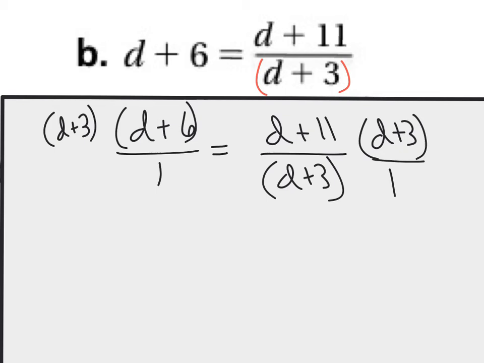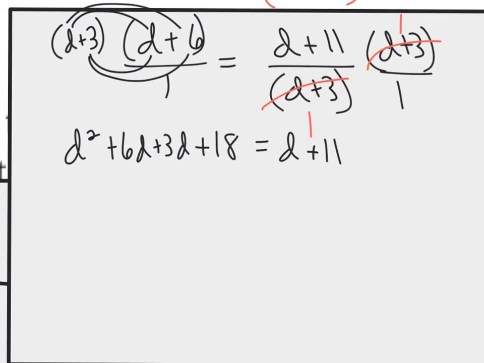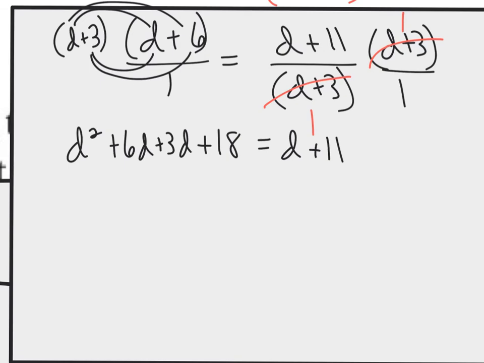On the left side, we are going to have to distribute that. If you'll notice, on the right side the d plus 3's are going to cancel out. So on the left side, we can distribute that. And then we can combine like terms in the middle.